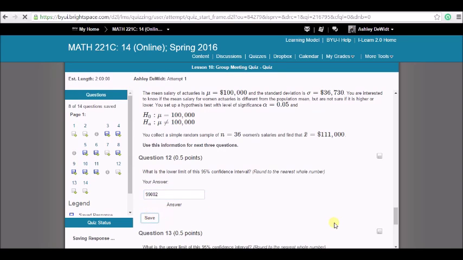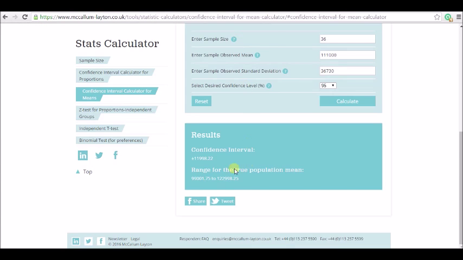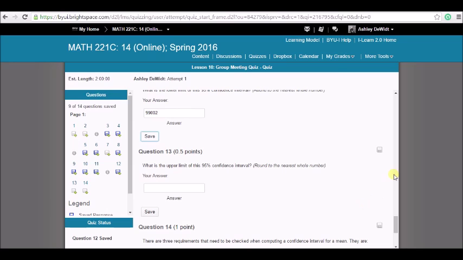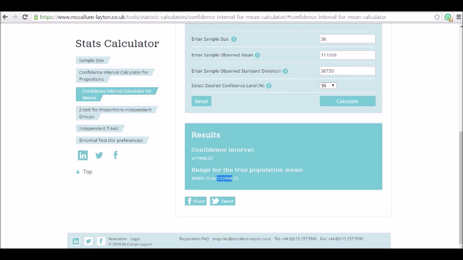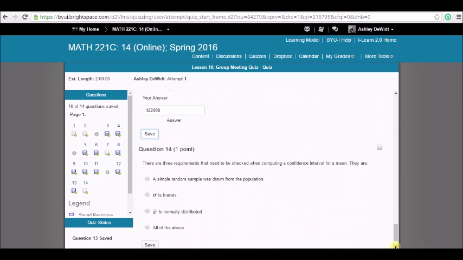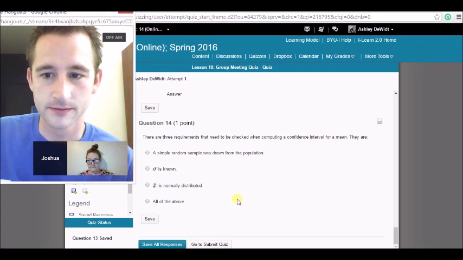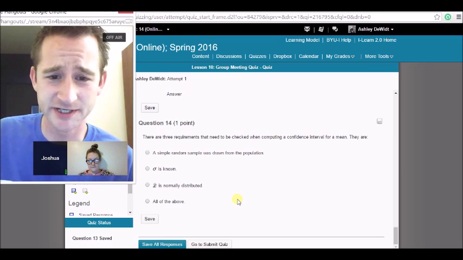I think. Could be totally wrong. I'm reading it wrong. Yeah, you're better than I am on that part. Then the upper limit would be 122,998.